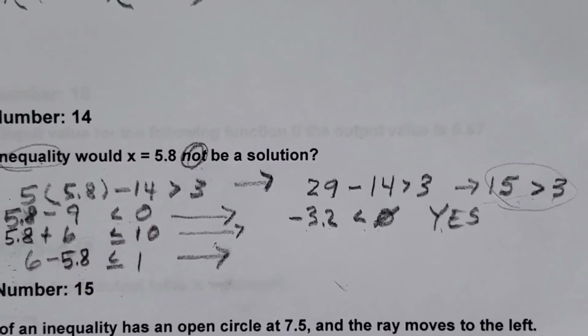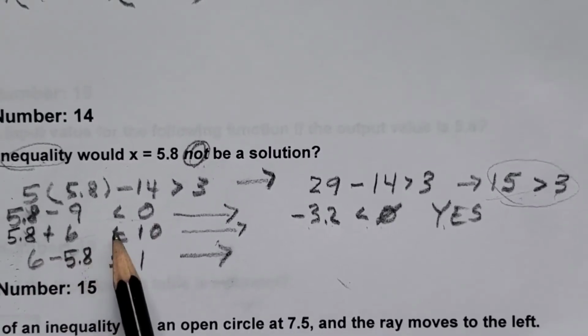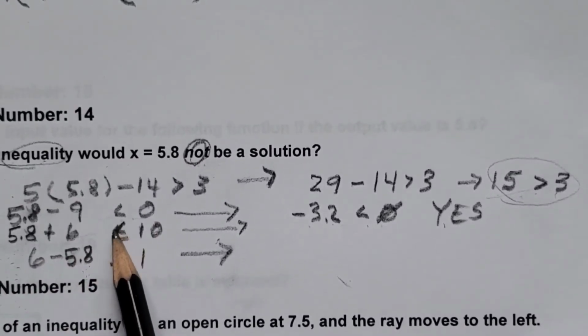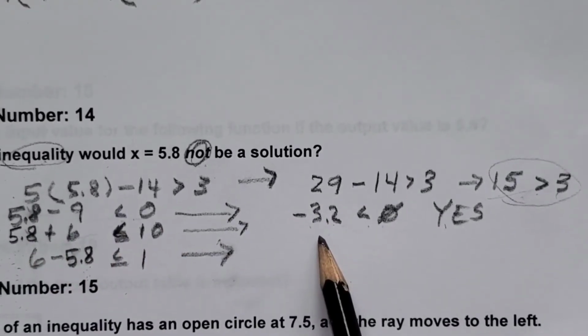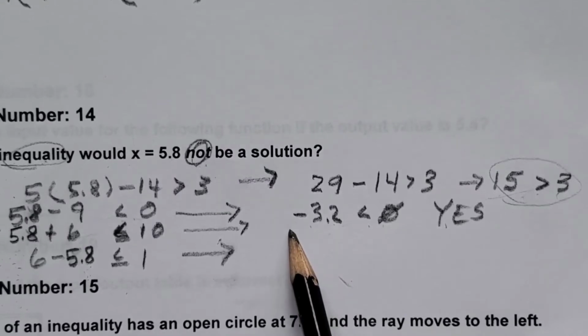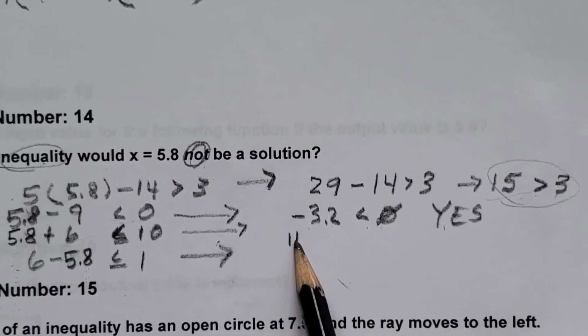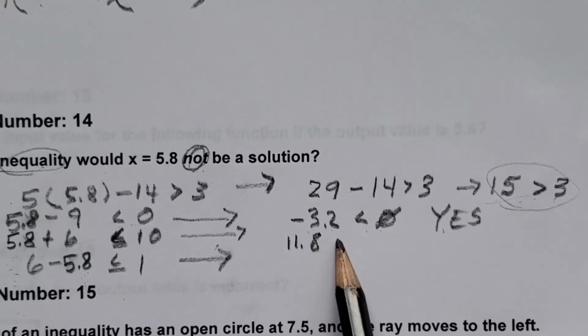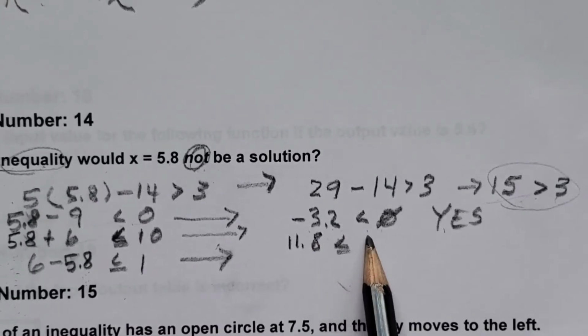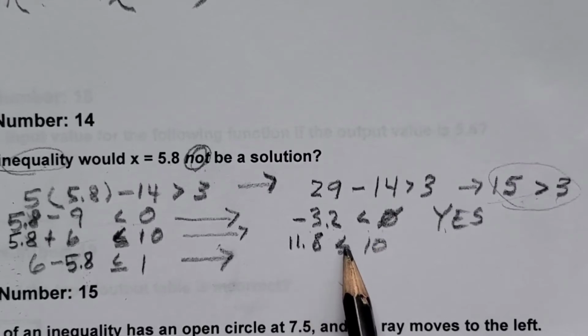5.8 plus 6 is less than or equal to 10. Let's see. What's 5.8 plus 6? Should be 11.8, right? And then we have to put the less than or equal to 10. Is this true? Is 11.8 less than 10?